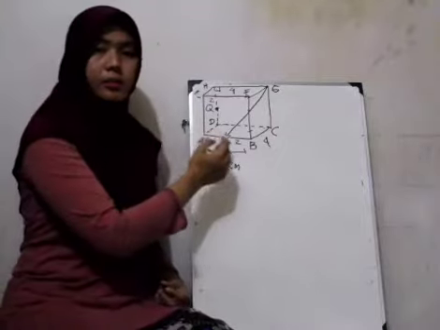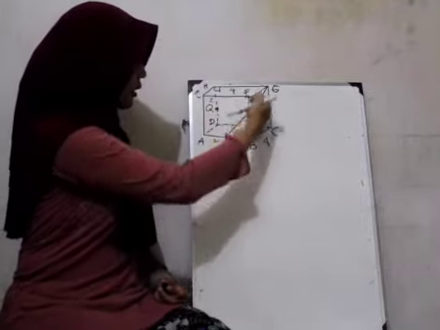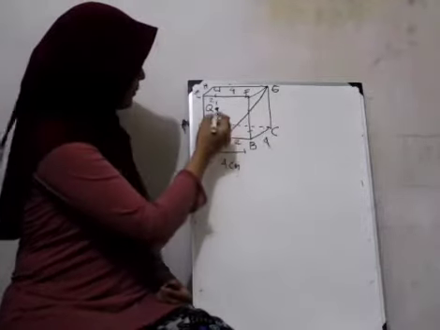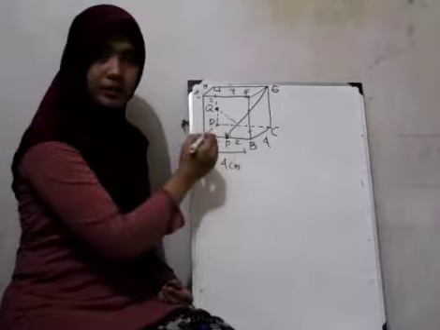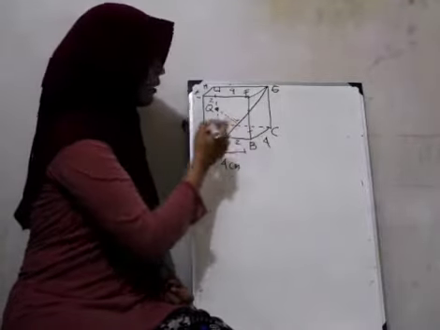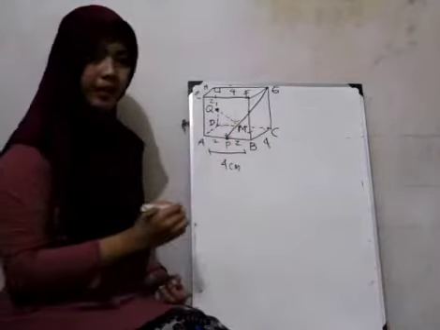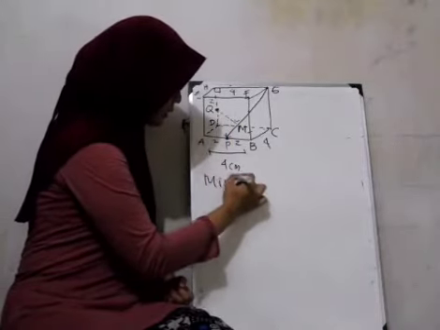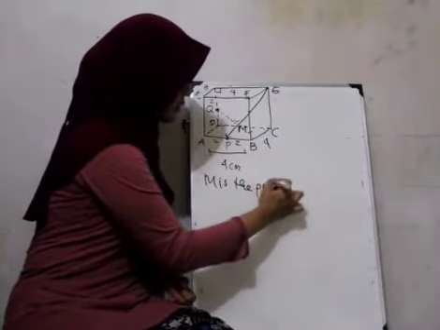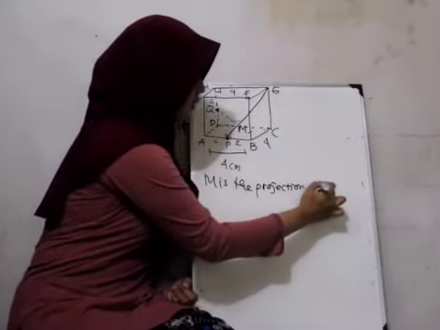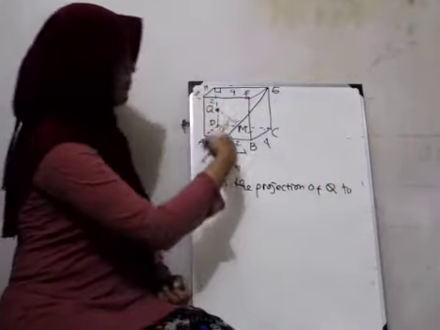So draw the projection of Q here to the line PG. So I draw it perpendicular, remember? And then I call this projection M. M is the projection of Q to PG.